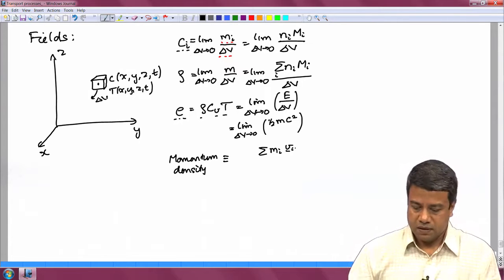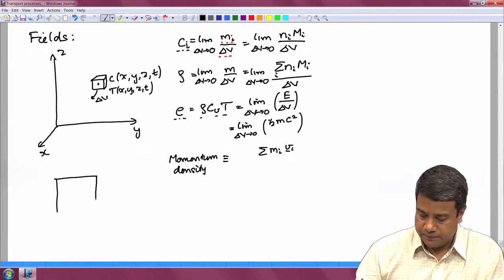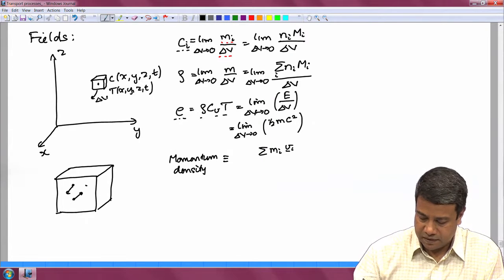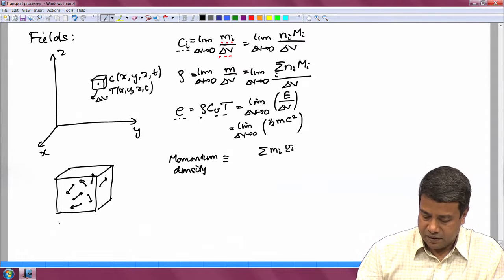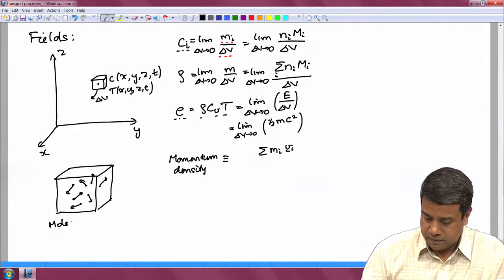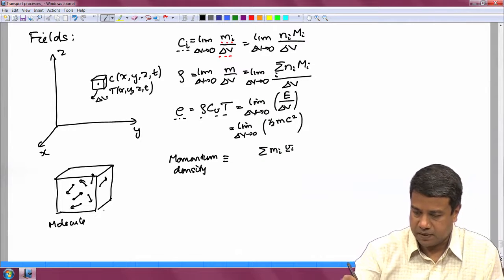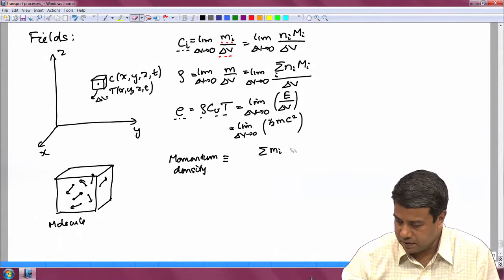So, within this differential volume, each molecule has a velocity vector. So, therefore, for molecule I, let me call it by a different symbol here.